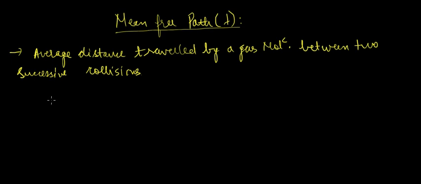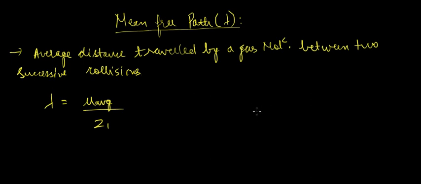Okay, so lambda can be written as U average divided by Z1. Obviously Z1 is the total number of collisions taking place by a single gas molecule when it is roaming around in the vessel, and all the other gas particles were considered at rest.